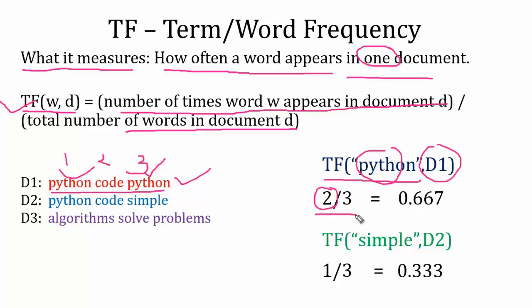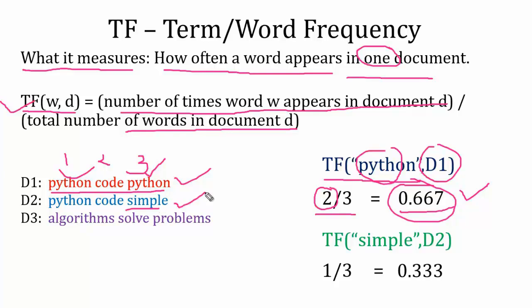So 2 divided by 3 is equal to 0.667. So the TF value for the word Python in document 1 is 0.667.